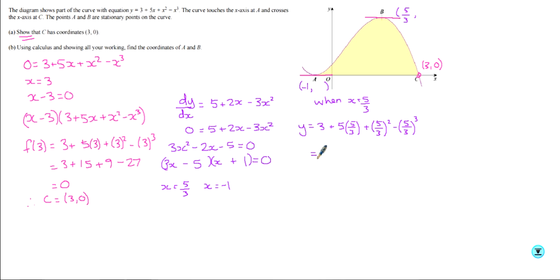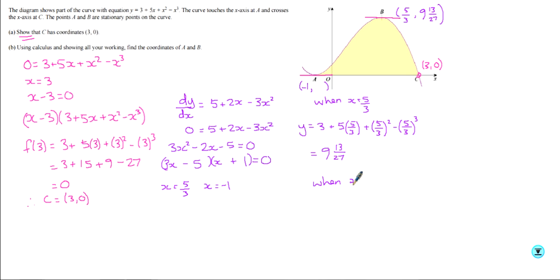I'll let you do that for now. You could write them all out as fractions, put them all over 27. You'll get this as your answer. So 9 and 13 over 27. Okay, so that's this one. Let's just put it underneath for now.